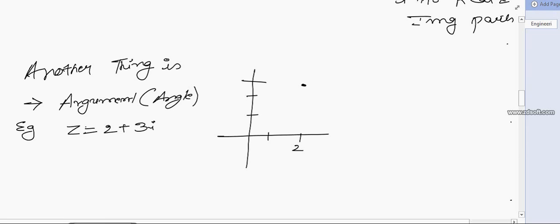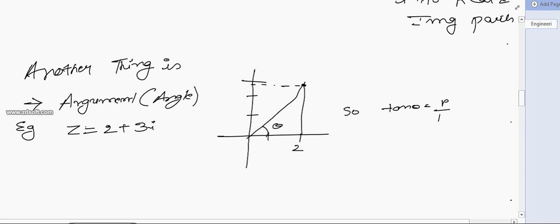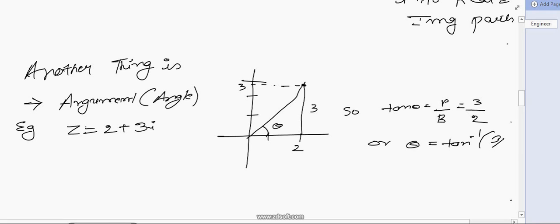So this is our point, and connecting this point gives the angle theta. So tan theta is equal to perpendicular upon base, that is 3 divided by 2, or theta is equal to tan inverse of 3 by 2.